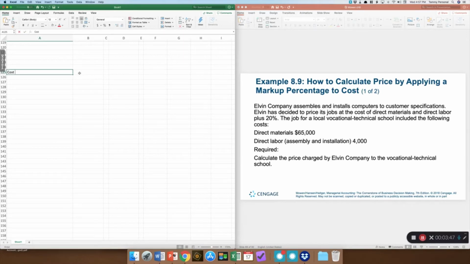So we have cost plus 20%, and our costs are going to be direct materials and direct labor. Our materials are 65,000, and our direct labor is 4,000.